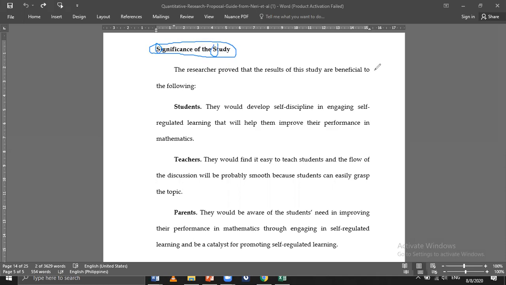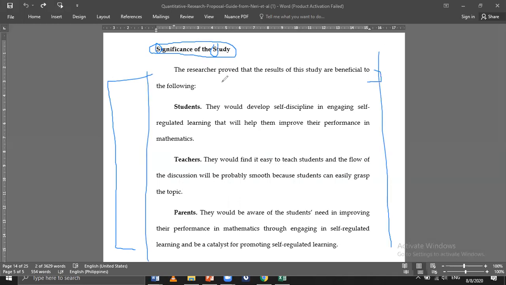And you will have an introductory statement. These are all double spaced, justified, Book Antiqua 12. Then you need to remember who are those individuals or groups of individuals that will benefit from your study, and you will arrange them hierarchically.